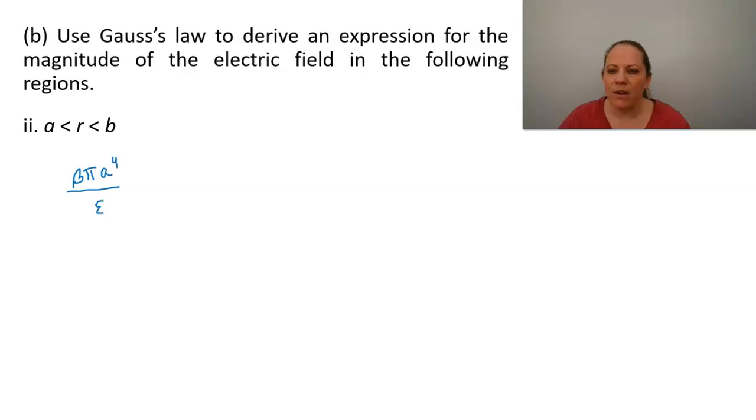So we'll put that over epsilon naught equals E times, again, that area of the sphere, 4 pi r squared. So I'm going to get an electric field strength here equal to beta a to the fourth divided by 4 epsilon naught times r squared.